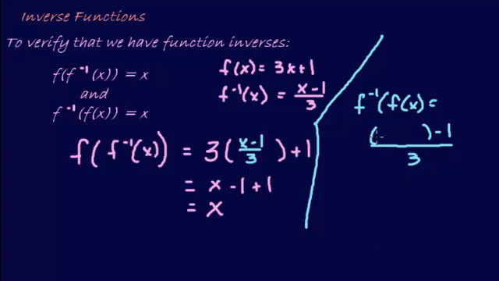So in place of x, I'm going to write my f, which is 3x plus 1. I'm going to do the manipulation here, and I'm going to get 3x over 3, because the plus 1 minus 1, the 1's go away, and then this also equals x. I've now verified that these two functions are inverses of each other.